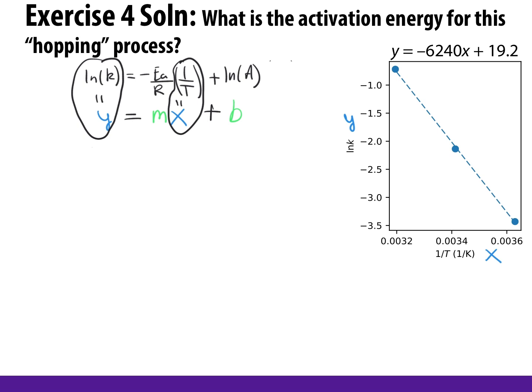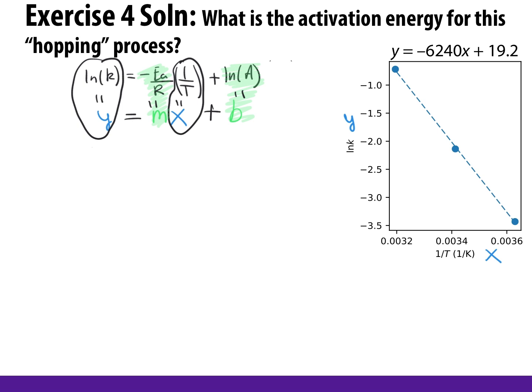It happens to be the case that negative Ea over R is equal to m. So that's one relationship there. And similarly, ln of A is equal to b. We'll keep practicing this with other equations throughout this part of the class, but that's the process there.